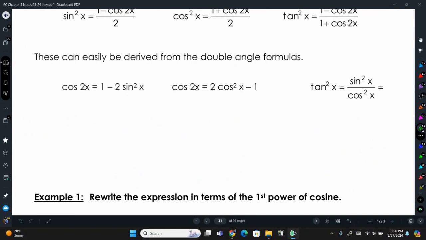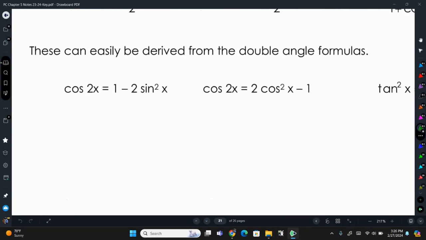We're not going to do all of these because it's just showing why the formulas work, but it is neat to see. So if we subtract 1 from both sides, we get cosine of 2x minus 1 equals negative 2 sine squared x. And then divide both sides by negative 2.